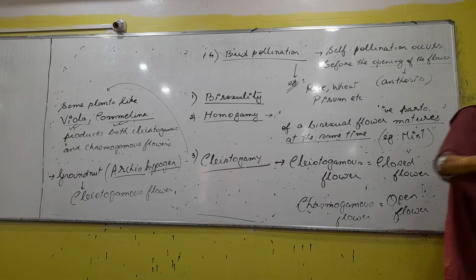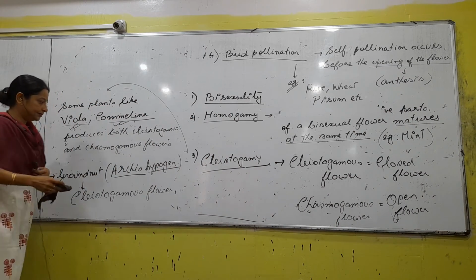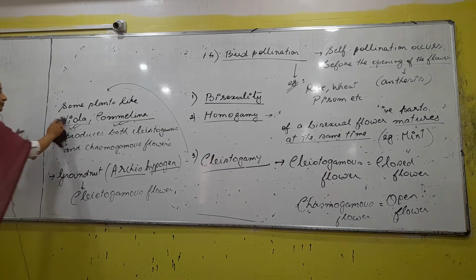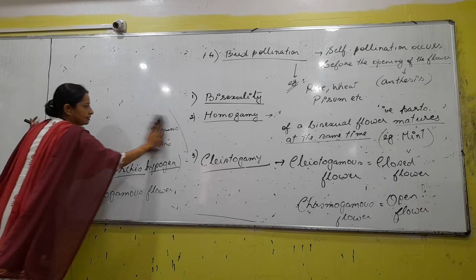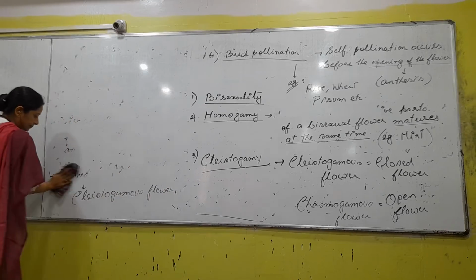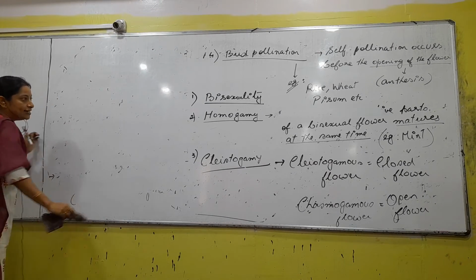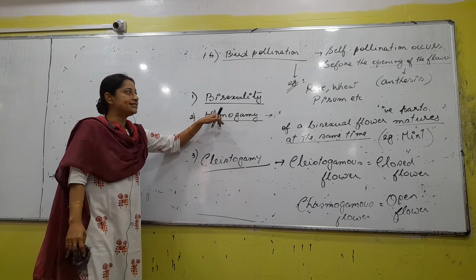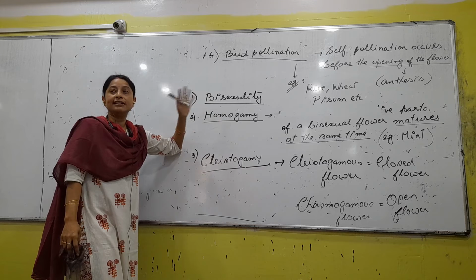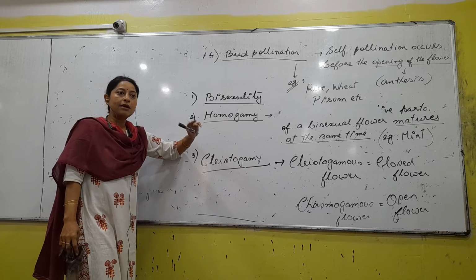Next, write contrivances for cross pollination. And if you talk about factors helping cross pollination, you will understand that it is just the opposite: unisexuality in case of cross pollination, bisexuality in case of self pollination. If you are talking about maturing time, homogamy, heterogamy.